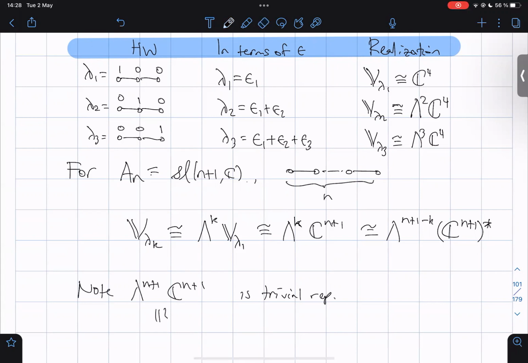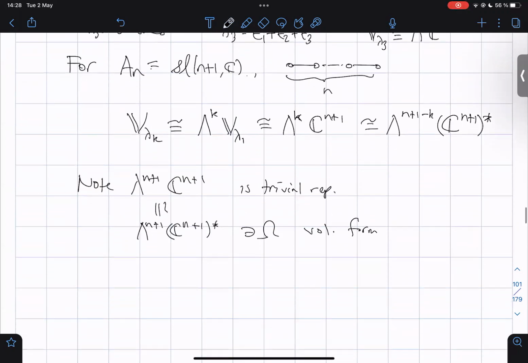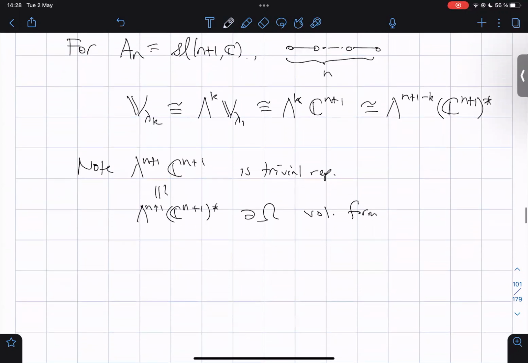This is the same thing, and we have a volume form. And so there's a natural intertwiner, similar to those intertwiners that we've seen before using volume forms.